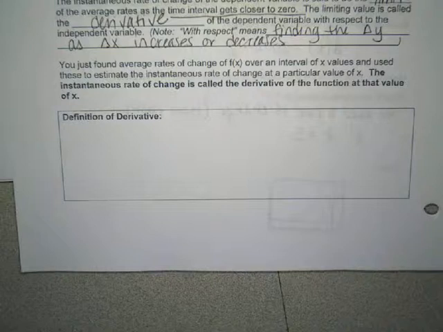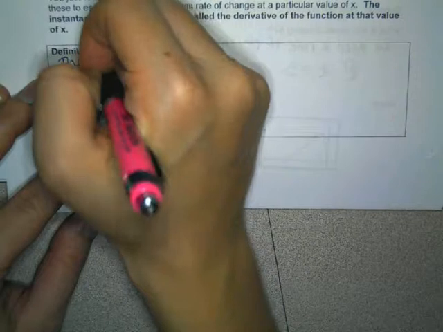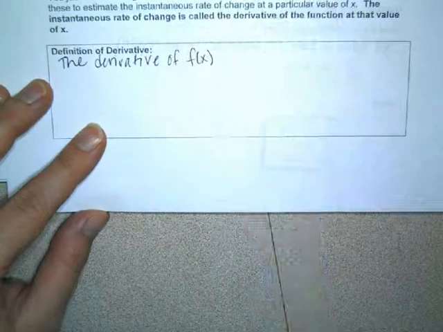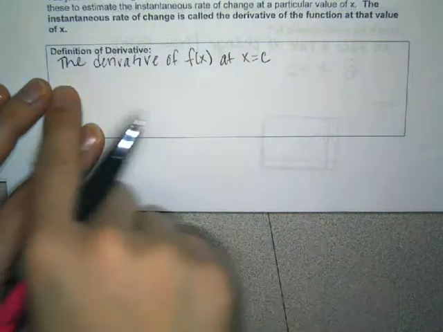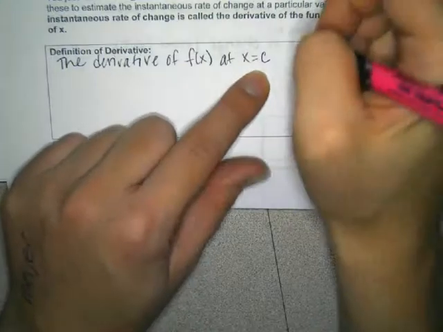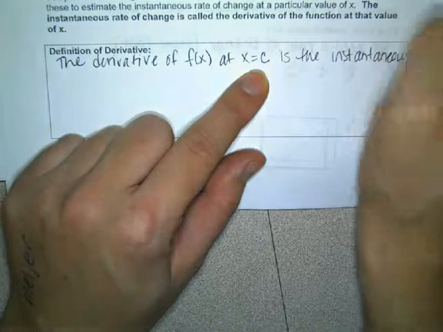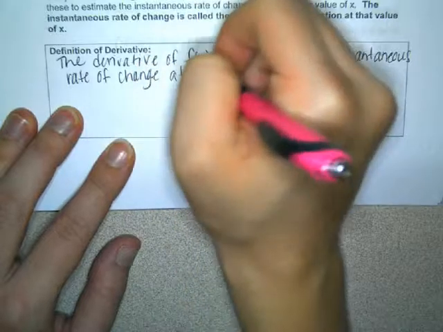Okay, so definition of derivative. We'll be adding to this as we introduce other things, but the derivative of f of x at a particular x, so this is kind of the same wording we use with limits, c just represents your focal x that you're looking at, is the instantaneous rate of change at x equals c.